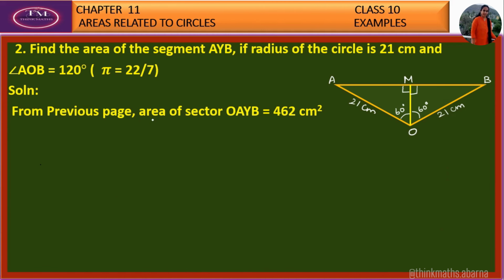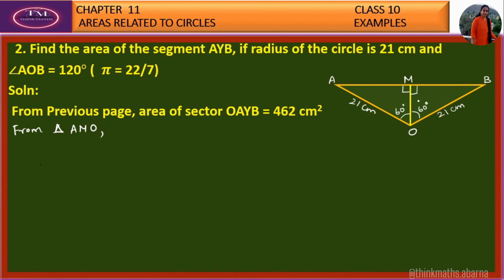So far we got area of sector, and these two angles are 60 degree by the congruency of triangle AMO and triangle BMO. So now we have to find out the value of OM. So let us use any one triangle. Let me use this triangle AMO.